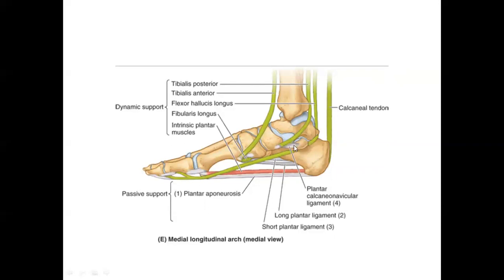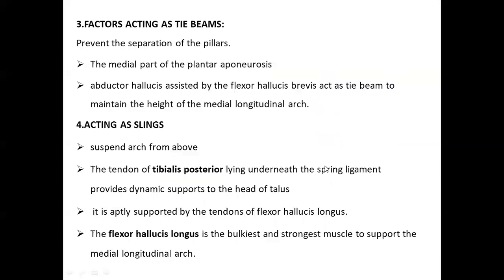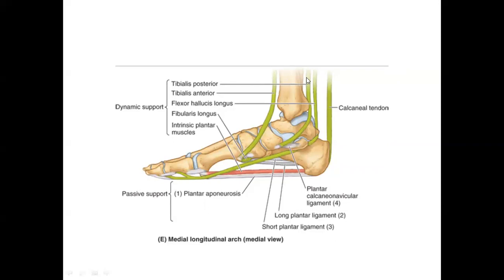Here you can see the medial longitudinal arch, and this is the tendon of tibialis posterior. The tibialis posterior sling suspends it from above. Here is our spring ligament, and the tendon passes underneath it and provides support to the head of the talus.